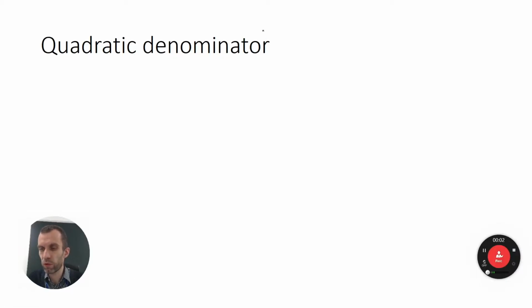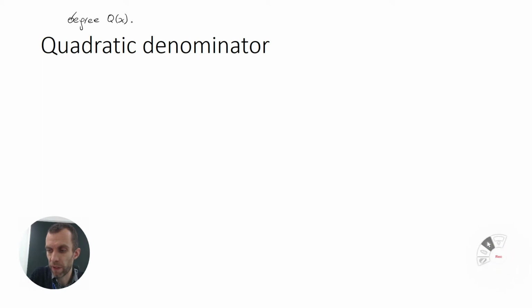So now we're going to look at the case of a quadratic denominator. So in that case, we have that the degree of the denominator is 2, and that means, since the degree of the denominator is always higher than the degree of the numerator, that the degree of p of x has to be 0 or 1.